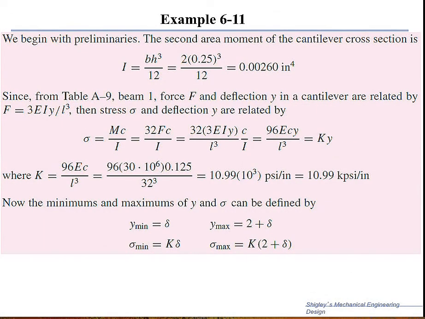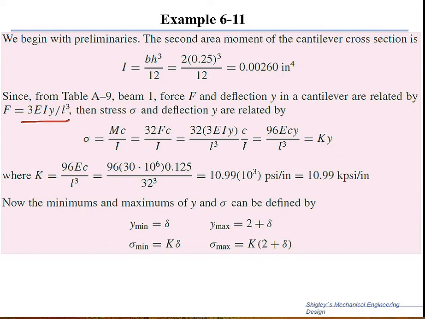So let's go here to get to the stress. We find the second moment of area, BH cubed over 12. Now we use the relationship we discussed earlier for cantilever deflection: the force that causes deflection Y is given by 3EI times Y over L cubed.